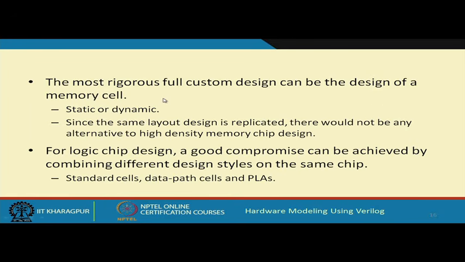So, with respect to full custom design, there is one kind of chip which always requires full custom design, that is the memory cell, because memory is, you can say, the one design where you pack the maximum number of transistors in a chip. Well, you look at two chips side by side, one a processor, one a memory chip.